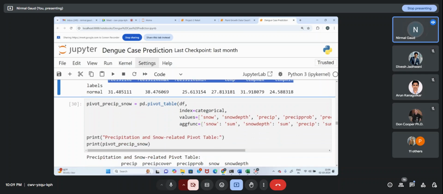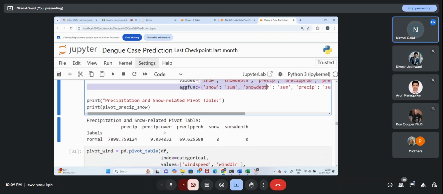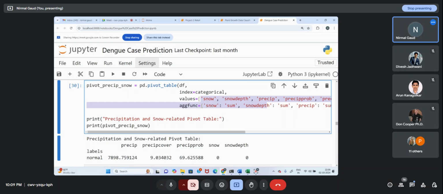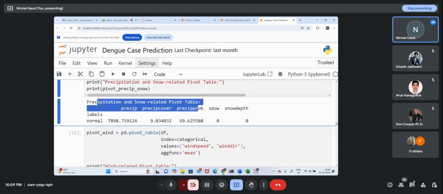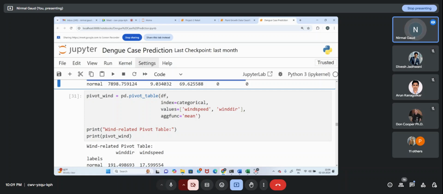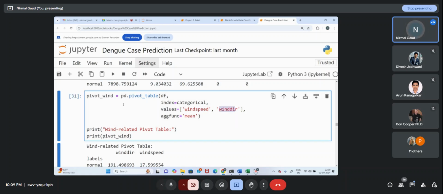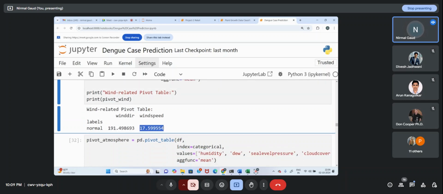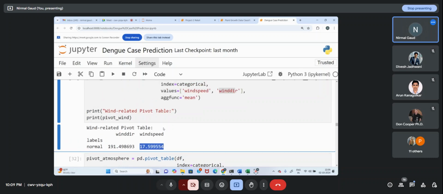Okay, I took precipitation, snow also. I calculated the average values. These also I calculated. For wind speed and wind direction also, with respect to categorical, I took wind direction and these are the average values.